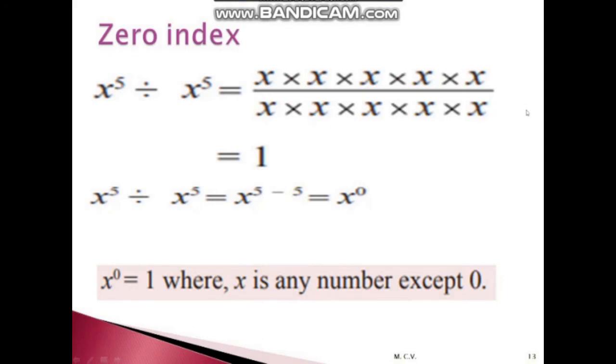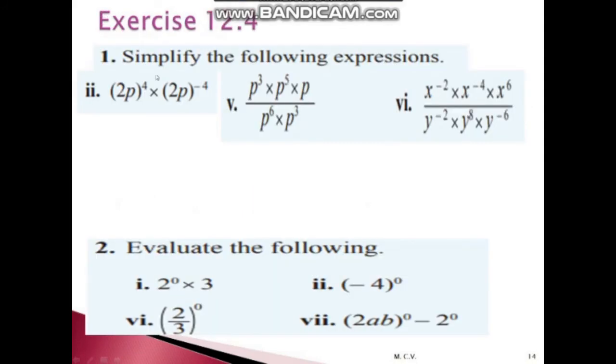Let's move to exercise 12.4. The first one, base is 2p. Equal bases are there. 2p to the power 4. Here 2p to the power minus 4 is there. I want to convert that into positive index, so I will change the position of that. Now that becomes 2p to the power plus 4. Now this is a division.